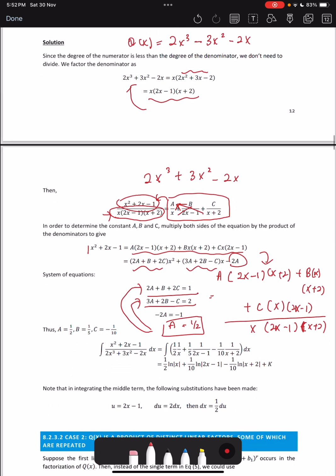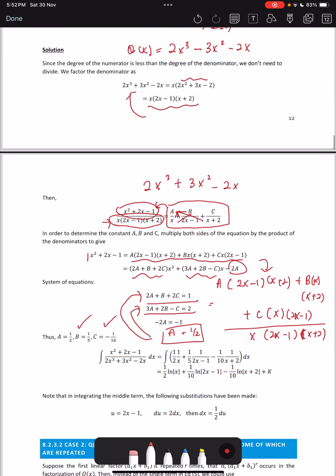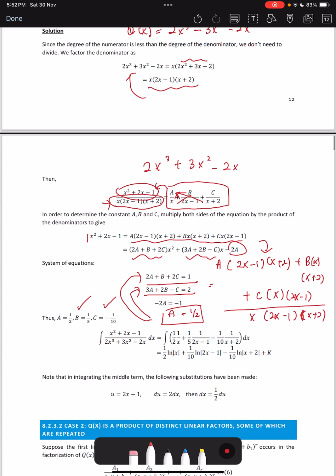Okay. So at the end, you insert them back. You need to integrate A divided by x, plus B divided by 2x minus 1, plus C divided by x plus 2.